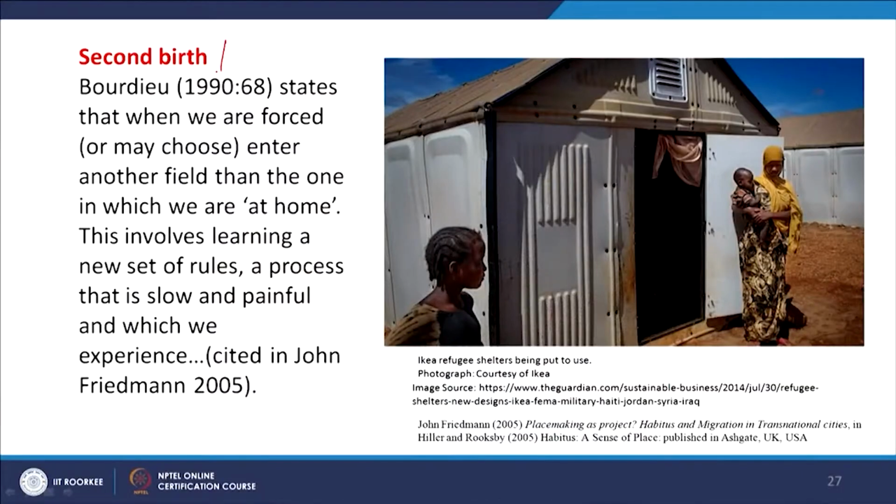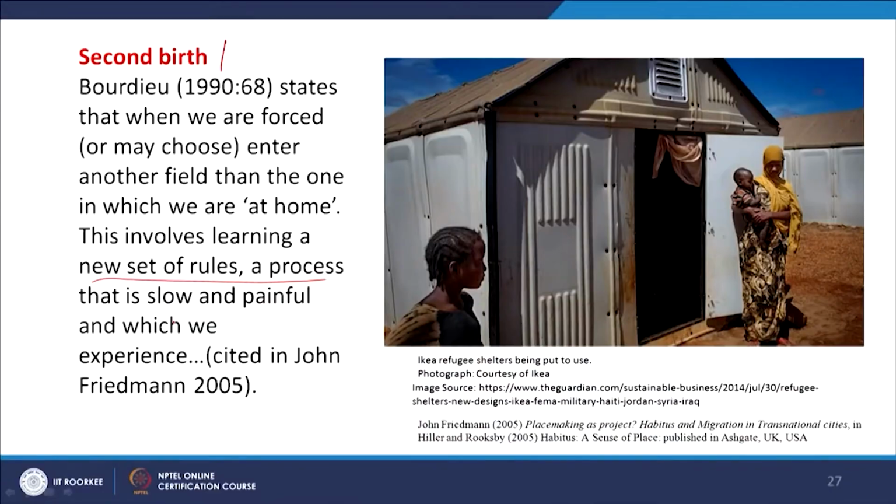That is where they have to learn a different practice, different set of rules, different process. How they were living in Africa, in Syria or in Afghanistan is very different from what they have set up in Turkey or in Belgium. So it takes time to adapt and accustom themselves to the new field and new game rules.